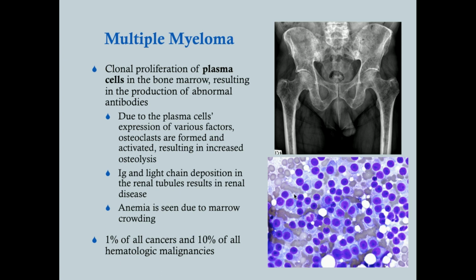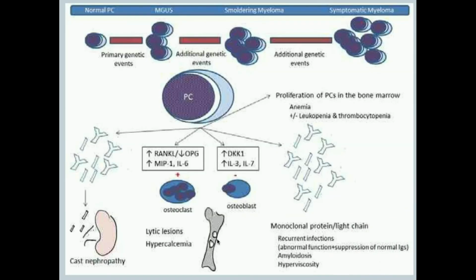But we saw normal results as far as that went. So you're not necessarily going to see deficiency in all cell lines, but if you do see deficiency in one cell line, it's usually going to be the red blood cells. Multiple myeloma is 1% of all cancers, but 10% of all hematologic malignancies.